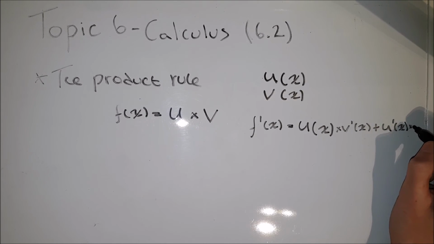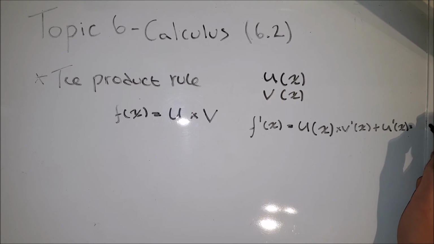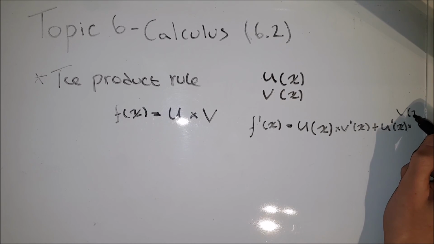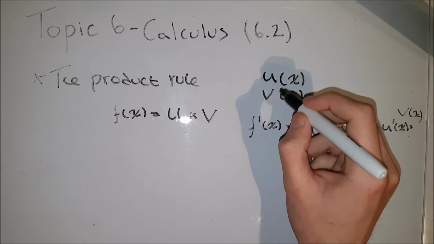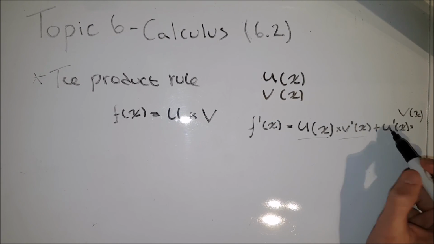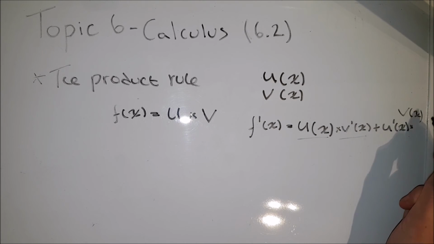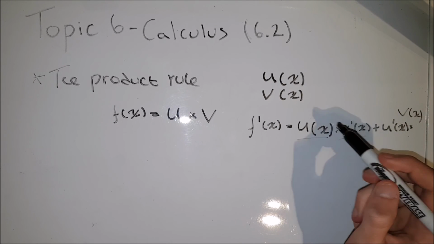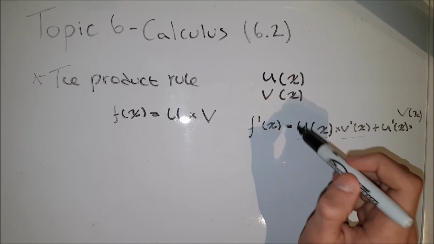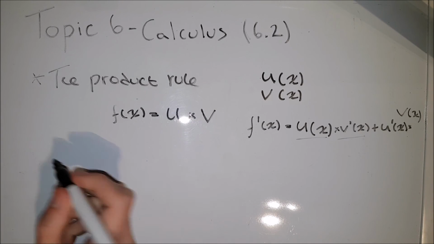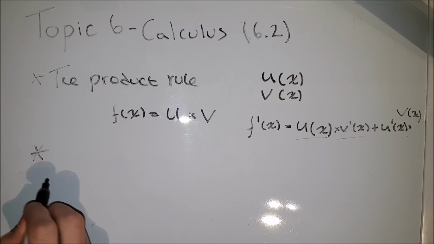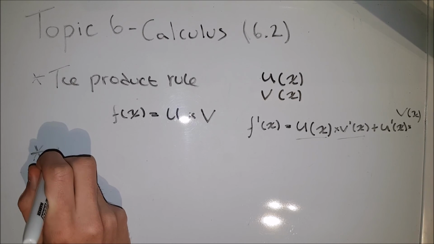So we have u of x times the derivative of v of x, plus the derivative of u of x times v of x normally. So you just alternate between the derivative and the non-derivative, multiply, and then add them to each other. And that's the product rule. The product rule is really simple. Again, this can be proven with first principles.